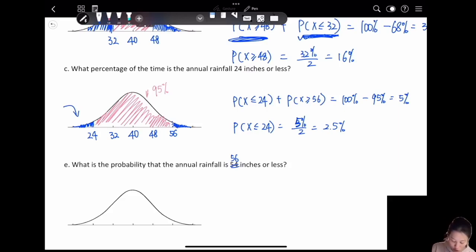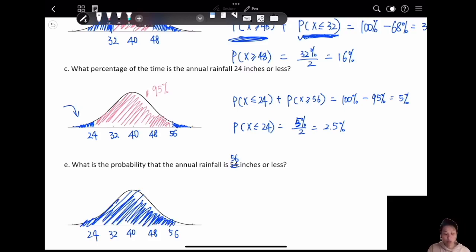Okay, so we know that this is 40, 48, 56, 32, 24. They want you to know that less than these parts. So again, if we can find out this part, the pink shade part, we use 100 to subtract the pink shade part.